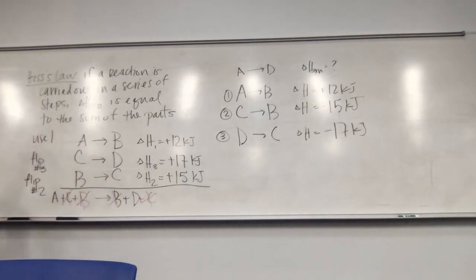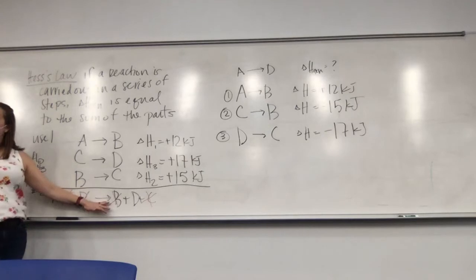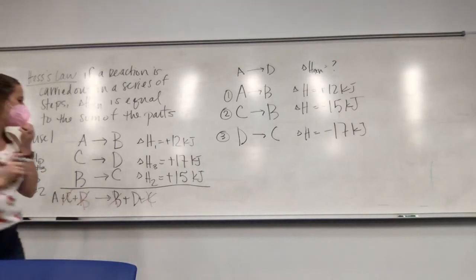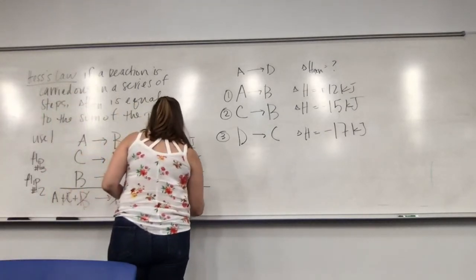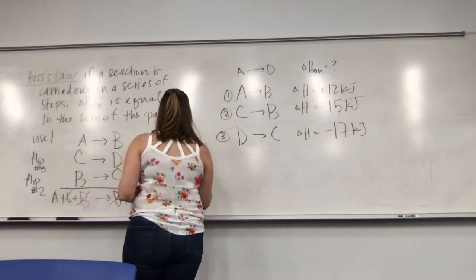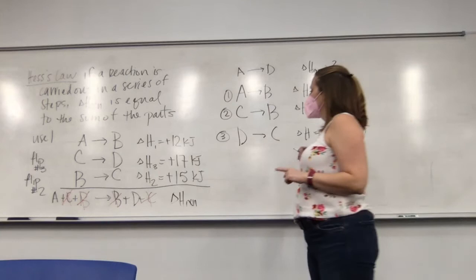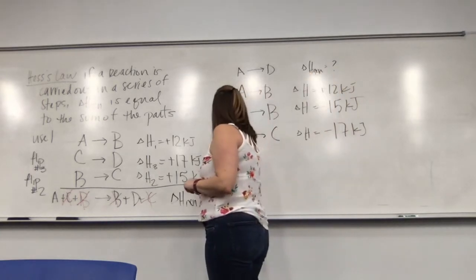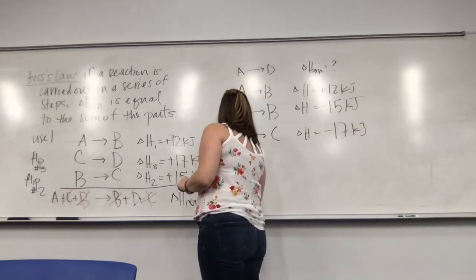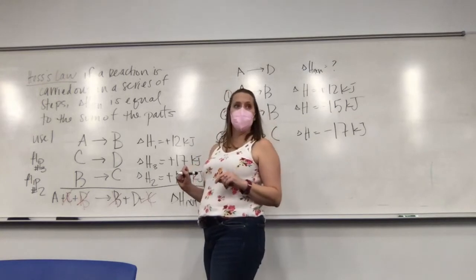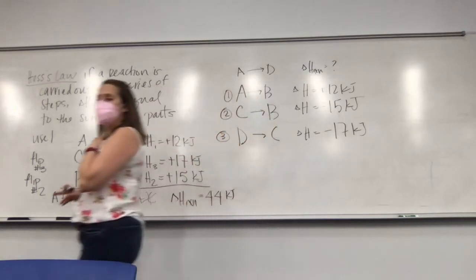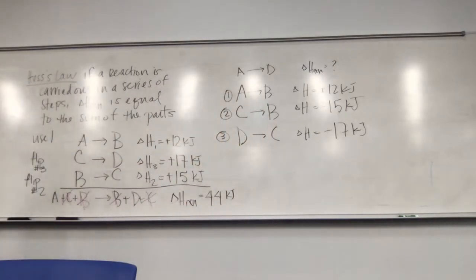So our final equation is A goes to D, and we were able to determine that the delta H reaction, I think it's 44, but I totally made this up on the fly, so if that's not the right number, someone let me know. Yes, I'm confident. Might still be wrong, but I'm confidently wrong.